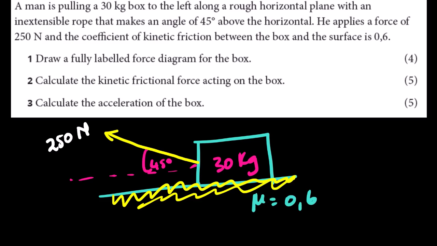So basically this tells us that we do have kinetic friction experienced by this object. So this is a picture form of what is happening here.